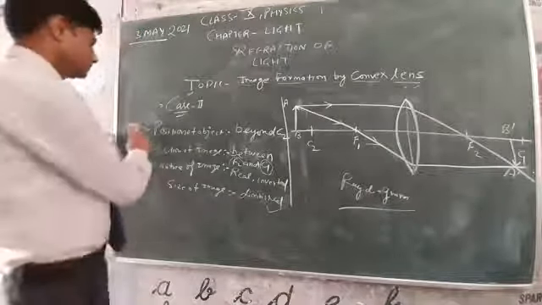This is a lens. That is F2, and that is C1. F1, C2. Okay, so now the object is placed at the center of curvature for the second surface.